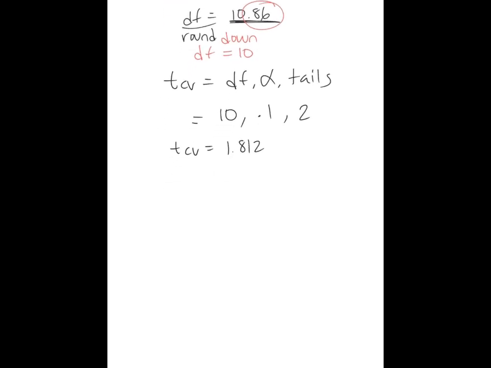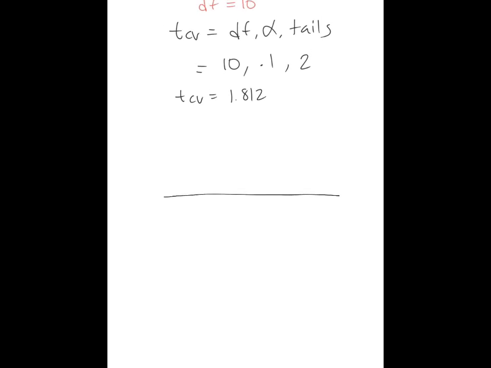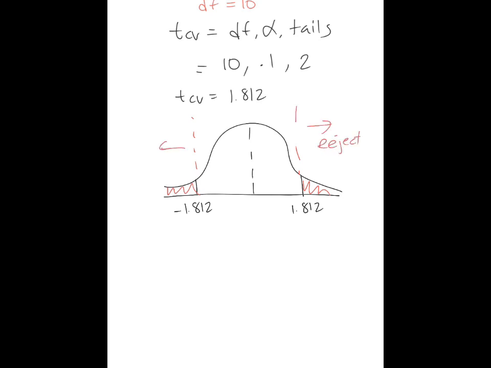Okay, so let's draw the distribution. Since it's two-sided, we have negative 1.812, positive 1.812, and here's our rejection region. So again, if we get a value greater than our critical values, we reject, less than, we reject, and of course in the middle, we fail to reject.